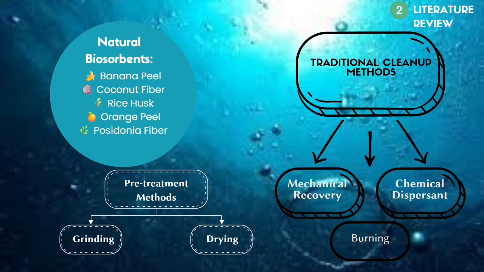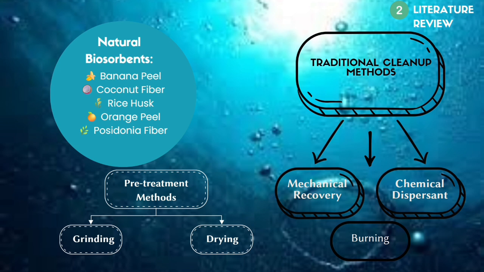Previous studies have tested various natural biosorbents such as rice husk, coconut husks, corn cobs, and orange peels for oil absorption. These materials are biodegradable, renewable, and cost effective compared to synthetic absorbents, which are often non biodegradable and costly.